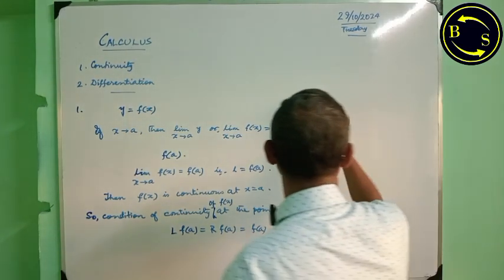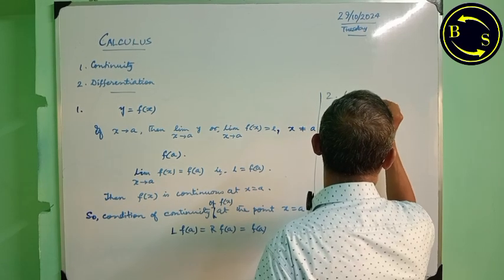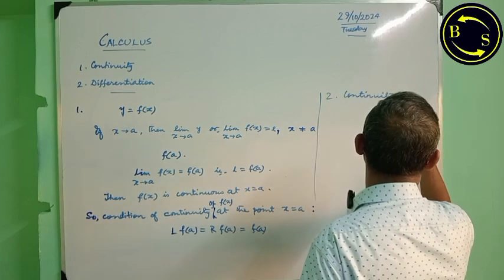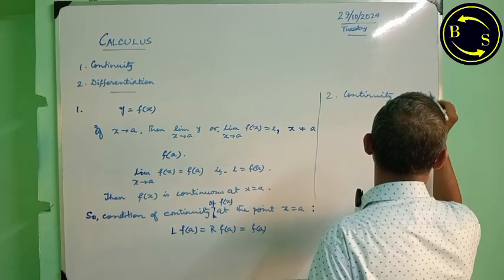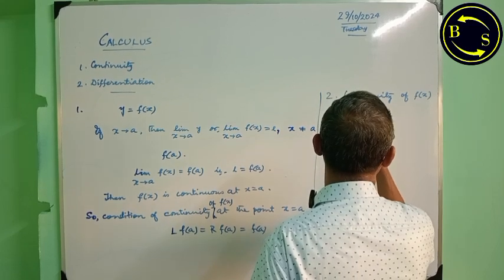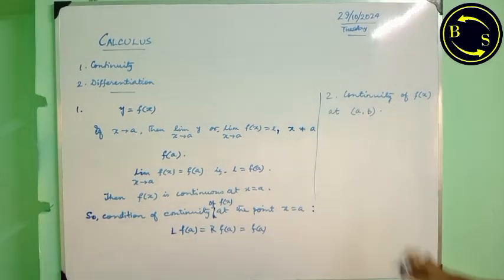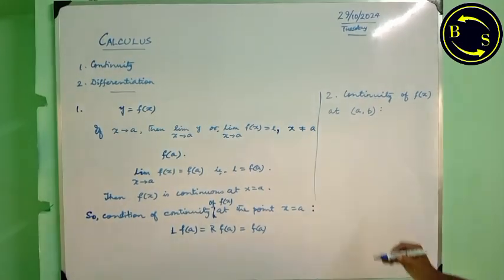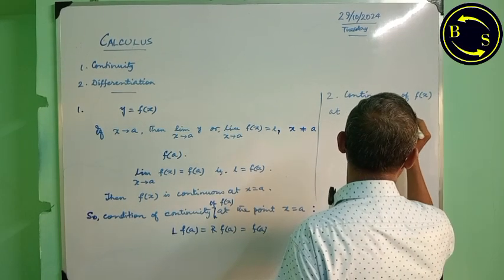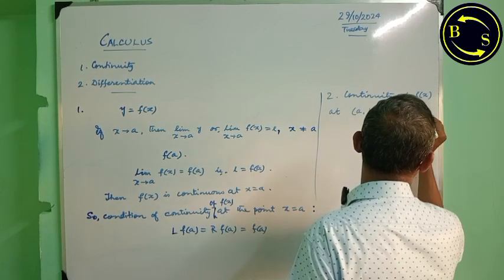Now we discuss continuity of f(x) at, say, interval AB. This is interval AB. We can also write it as a less than equal to x less than equal to b.